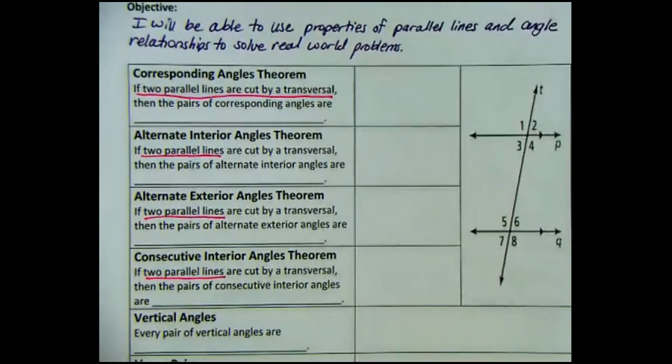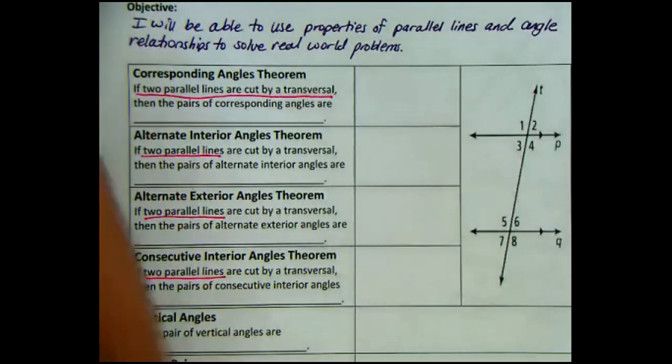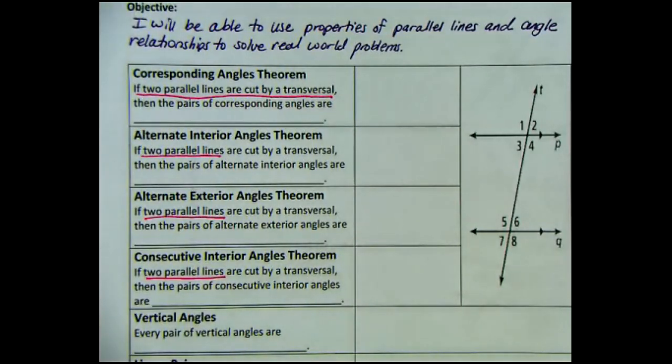Thank you. If those lines are not parallel, then the relationships that I'm about to say are not true, okay? So you must have your lines parallel in order for the following to be true. Now, what is it that I'm talking about, okay?